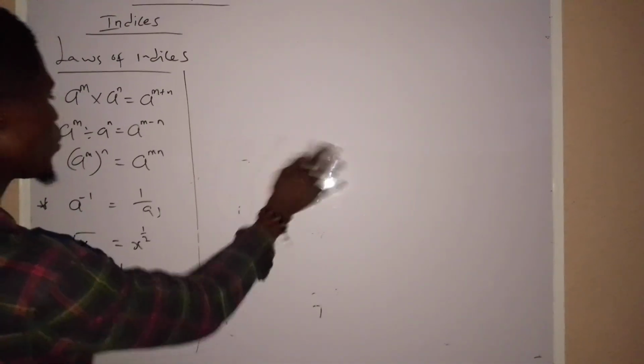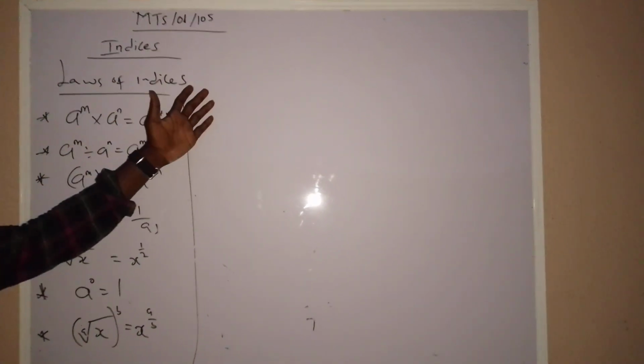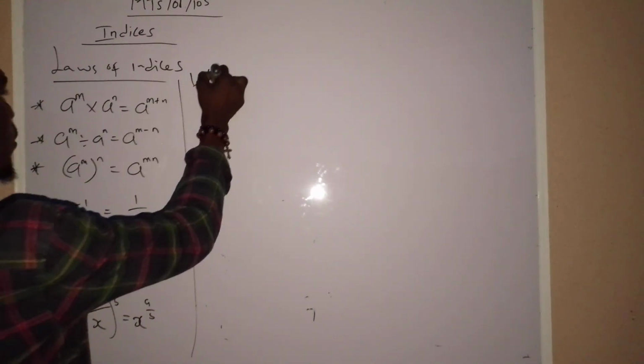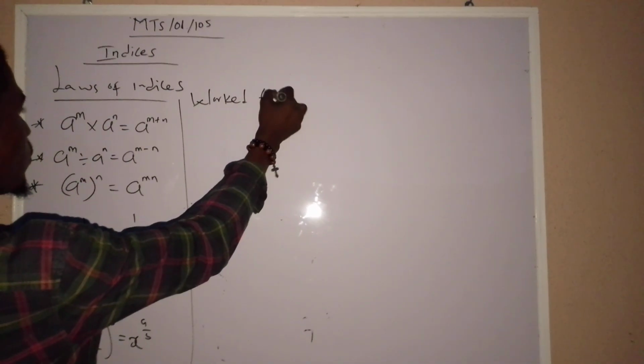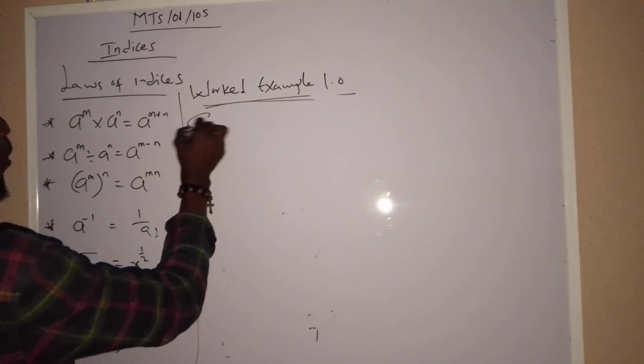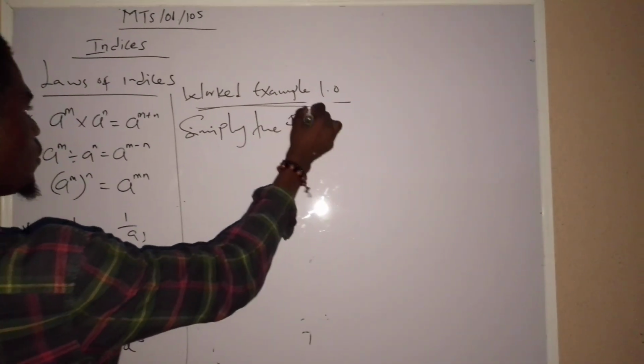Okay. So now I'm going to be solving a question so you can understand. But before I solve that question, let me just give you some basic questions applying this rule. Example 1.0: simplify the following.